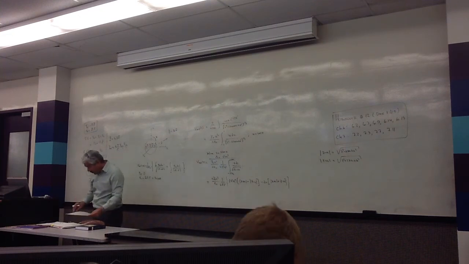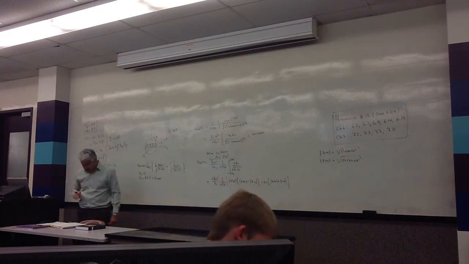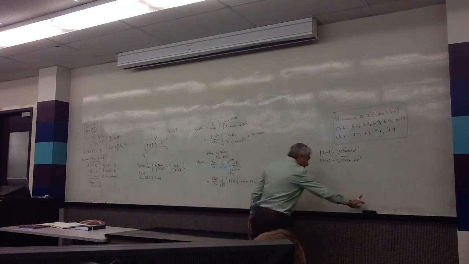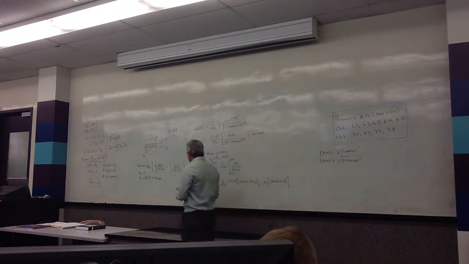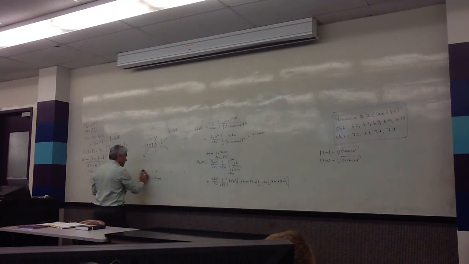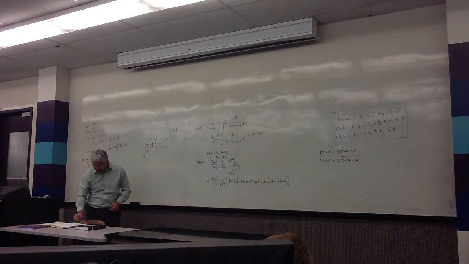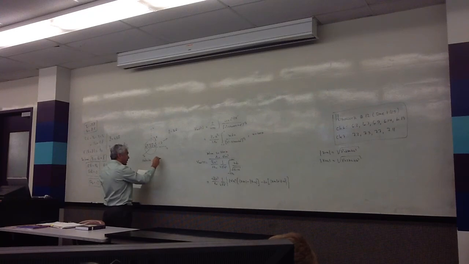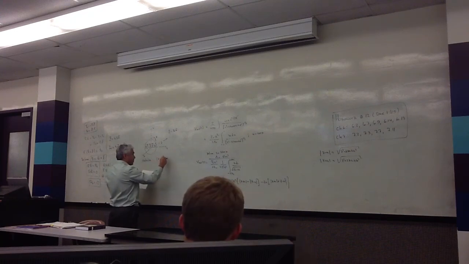So what we simplify, using this condition for what happens when z is greater than a and z is less than a and stuff like that, what I get is this. So outside the sphere, the magnitude of z minus a is equal to z minus a.